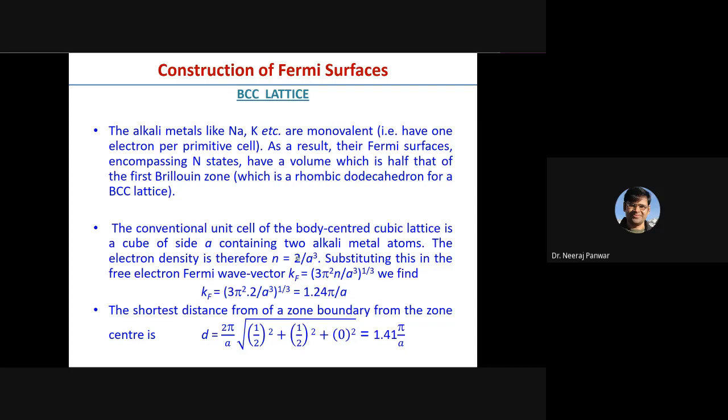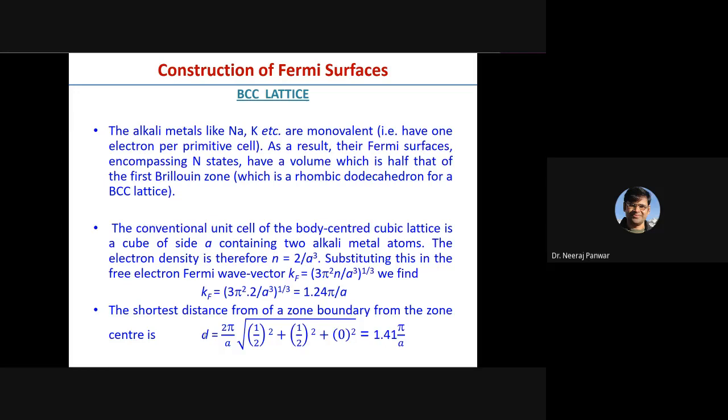In place of N, we write 2 over a cube, so this would be (3 pi square times 2 over a cube) to the power 1/3. After solving it, we get Kf equal to 1.24 pi over a. Now we need to find the shortest distance from the origin to the zone boundary in this rhombic dodecahedron BCC lattice, and that would come out to be d equal to 2 pi over a times the square root of half square plus half square plus 0 square, that is 1.41 pi over a.